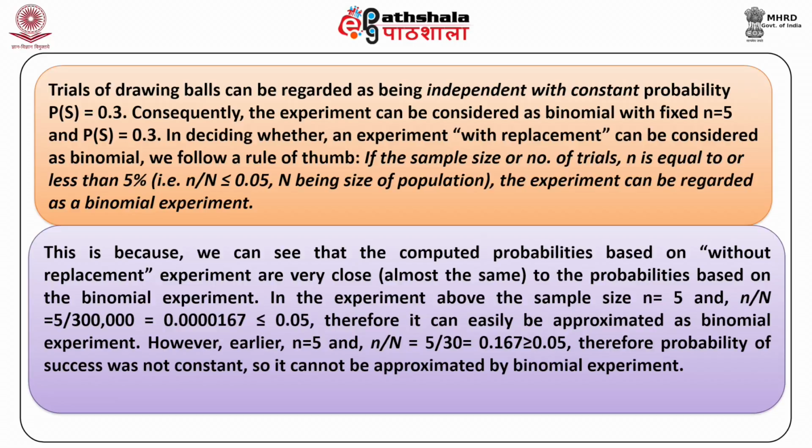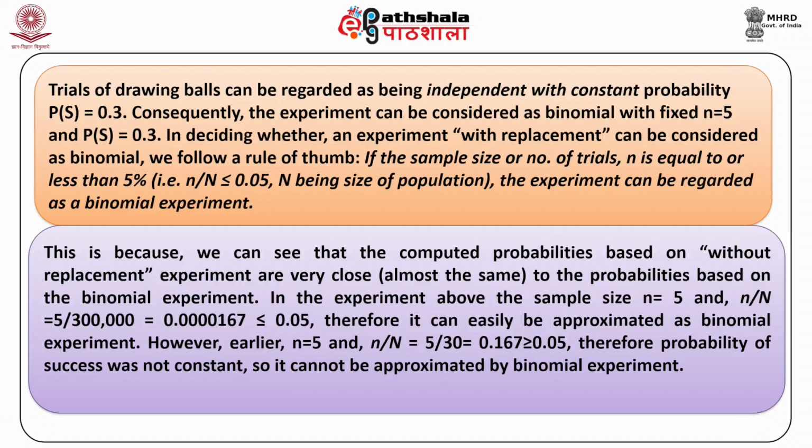Consequently, the experiment can be considered as a binomial with fixed n equal to 5 and probability of success S equal to 0.3. Thus, in deciding whether an experiment without replacement can be considered as binomial, we follow a simple rule of thumb. What is that?